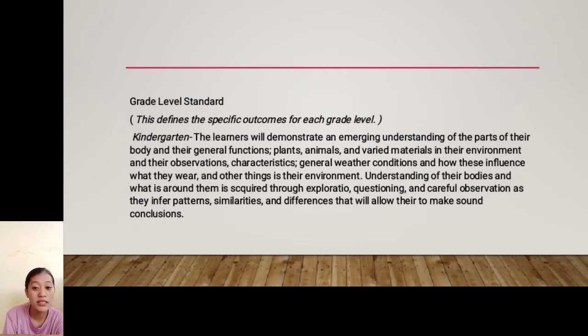Understanding of their bodies and what is around them is acquired through exploration, questioning, and careful observation as they infer patterns, similarities, and differences that will allow them to make sound conclusions.